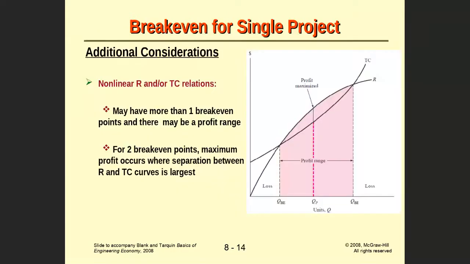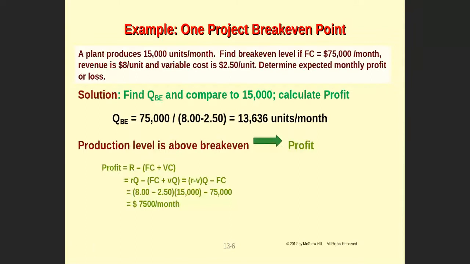Okay, moving to another example of the break-even point for a single project. A plant produces 15,000 units per month.